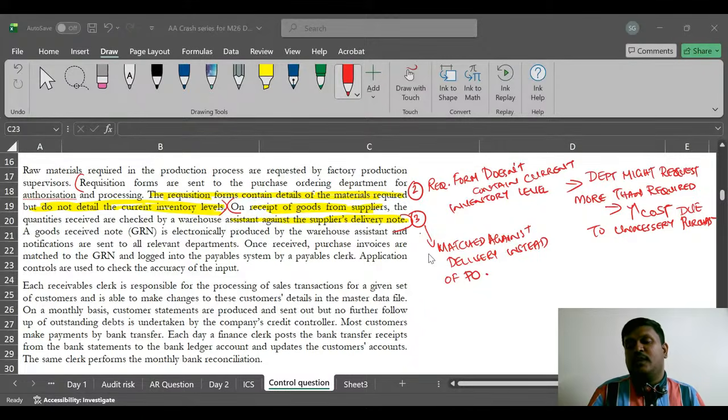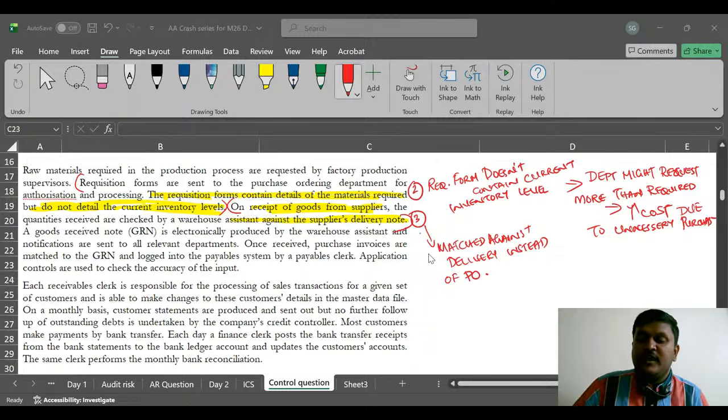Now, whatever you have written as the recommendation, we can improve on that. The warehouse assistant should match the goods against the purchase order when they are being received, and should check for quality and quantity, and any items which are not of good quality or not ordered should be returned to the supplier. That should be your control recommendation in total.